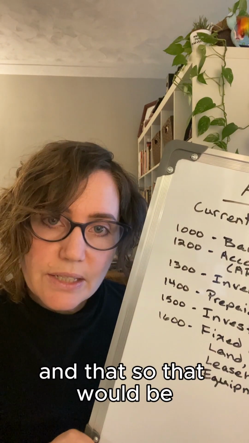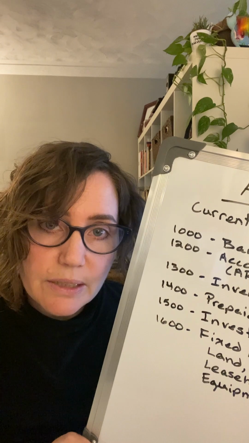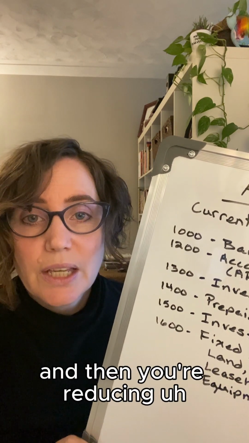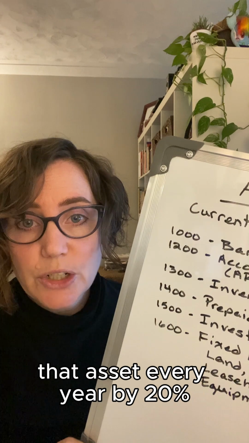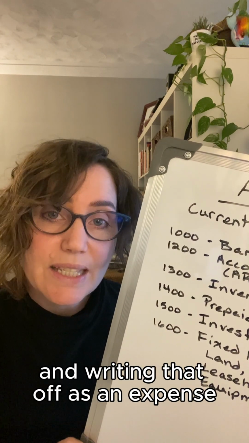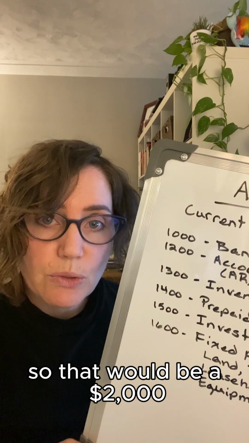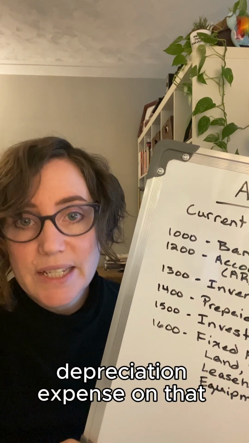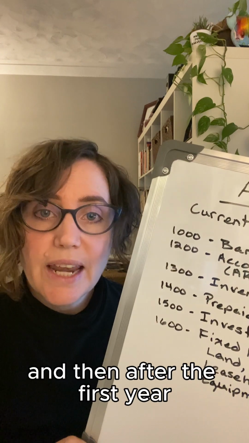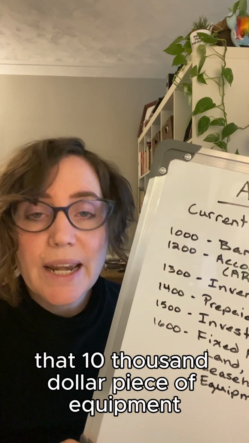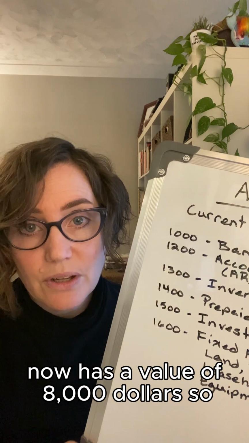And so that would be, you've got your $10,000, and then you're reducing that asset every year by 20% and writing that off as an expense. So that would be a $2,000 depreciation expense on that $10,000. And then after the first year, that $10,000 piece of equipment now has a value of $8,000.